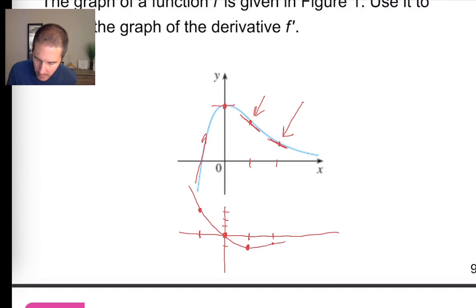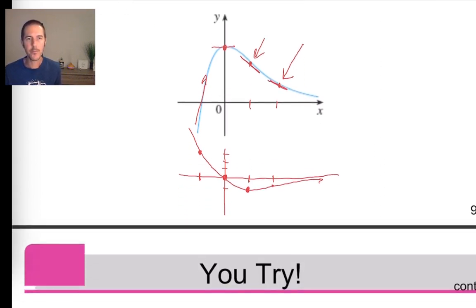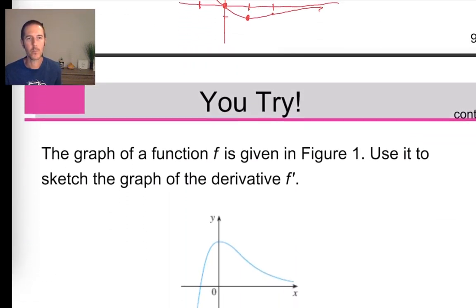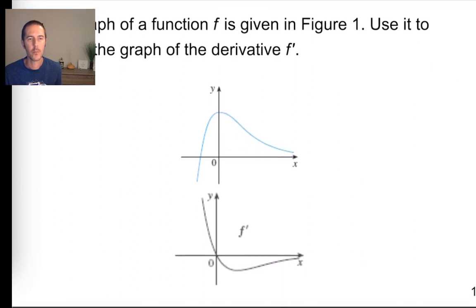So I'm going to bring this up and keep it negative, but I'm going to get it pretty close to the x-axis there. And sure enough, that was a pretty good estimation. We chose enough points on the original function f in order to plot some points and approximate the graph of f prime.